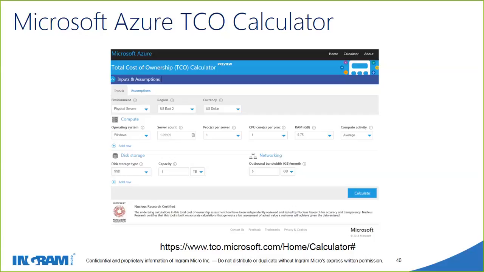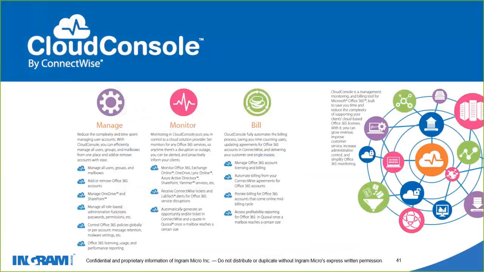One of the other good tools, particularly if you are looking to use Azure and Office 365 as a platform going forward for your clients, is the Cloud Console that plugs into the ConnectWise platform with the ConnectWise team that we work with. So their Cloud Console will actually plug directly into both the Office 365 and the Azure platforms and start pulling out that monitoring and health information, and be able to help manage the services within there.